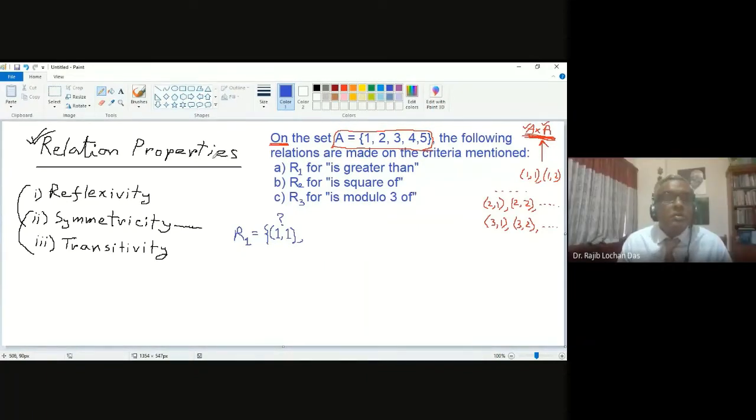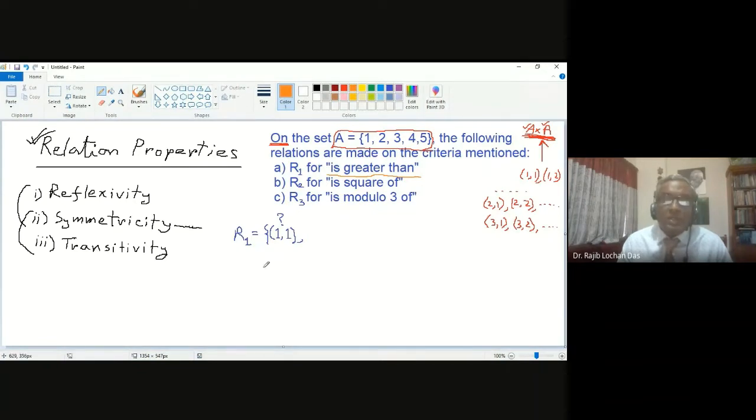Why not? Because it does not follow the criteria. The criteria is that the first number is greater than the second number. 1 is not greater than 1. So you check with this: is 1 greater than 1?